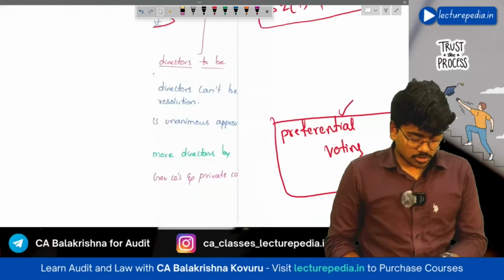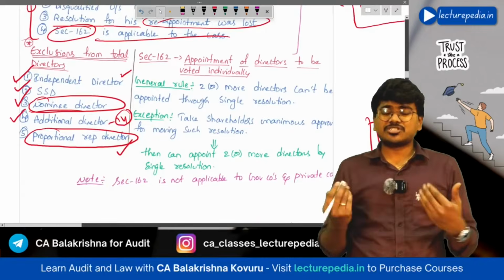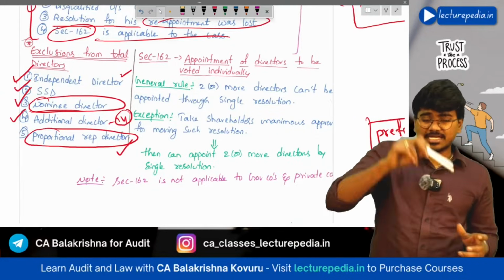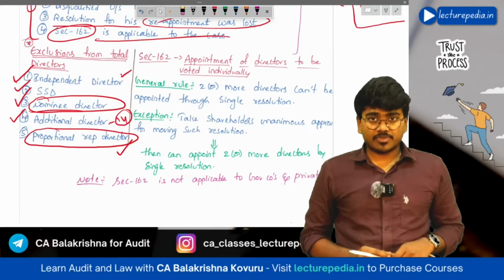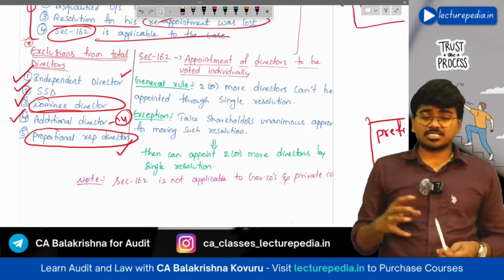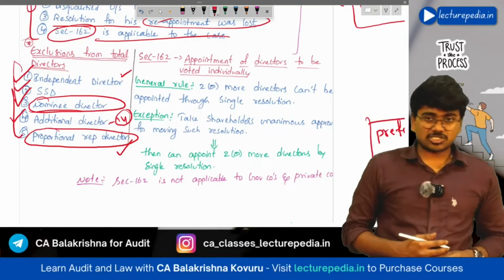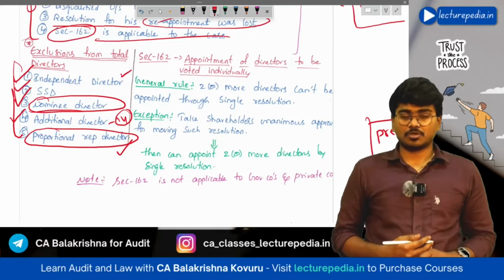So in case you have appointed a director by using a proportional representation method, then you need not include such directors for calculating the total number of directors for the purpose of 2/3. So these 5 types of directors have to be excluded from total directors while calculating 2/3. Hope that is clear.